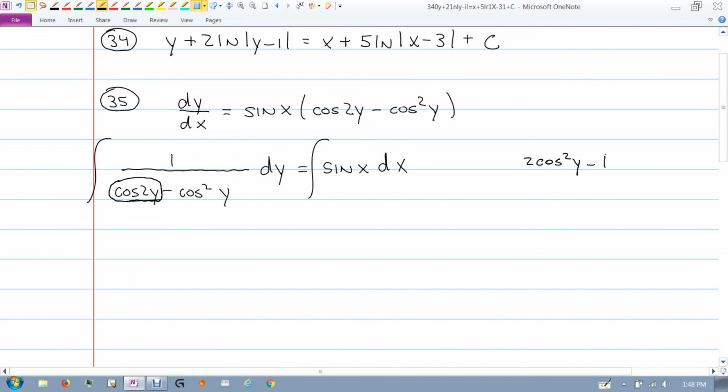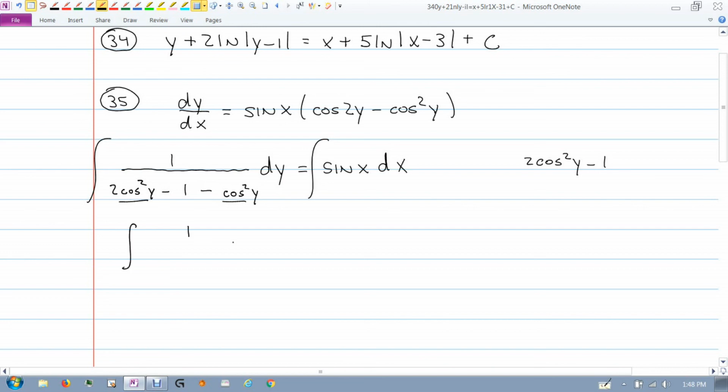Now, if you remember from pre-cal, there's actually 3 different formulas we could use there, but I'm going to use the cosine squared one because if I replace this, put that cosine squared y that was there. If I replace this first one with 2 cosine squared y minus 1, you'll see that these are the same, and so you're taking one of them, it was subtraction, and you are subtracting another one, so you're just going to get one of those cosine squareds.